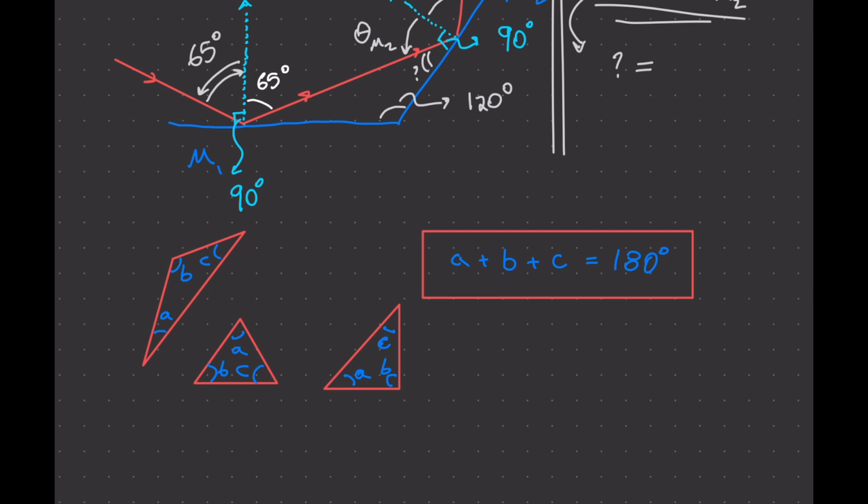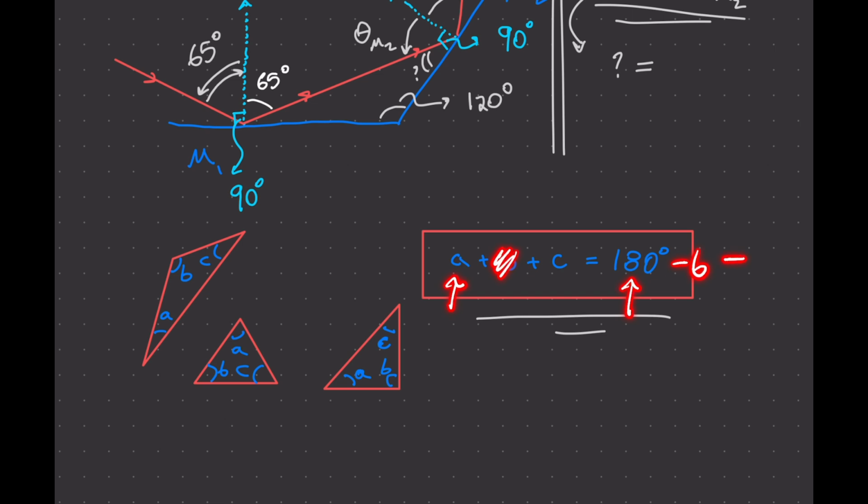All you need to know is this identity is true for triangles. All triangles. Any triangle you can think of, if you know its three angles, you can add them up and get to 180. But if you don't know the three angles, let's say you only had this one and this one, you could use this relationship to isolate for the missing angle and determine what it is. How do you do that? Well, you know B, you could just subtract B on this side, which cancels it here.